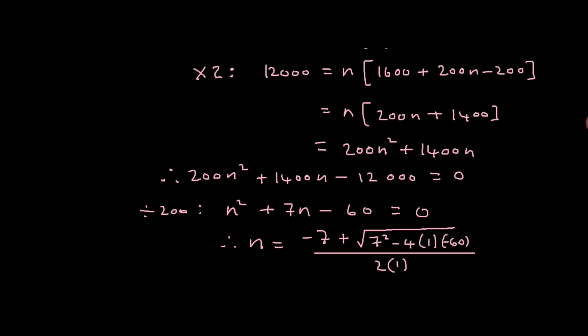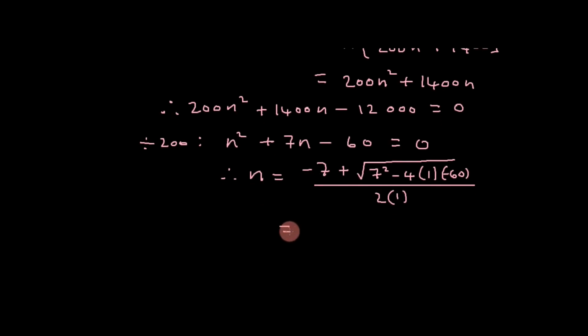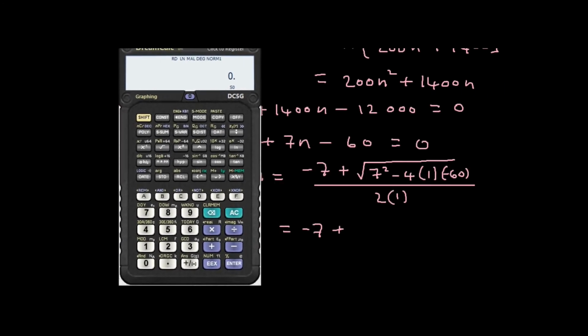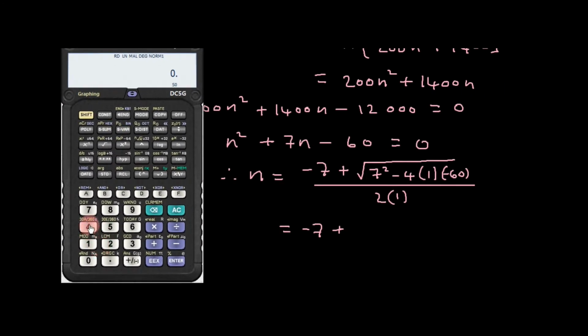So 2 times 1. And we can work out under the square root. 289.